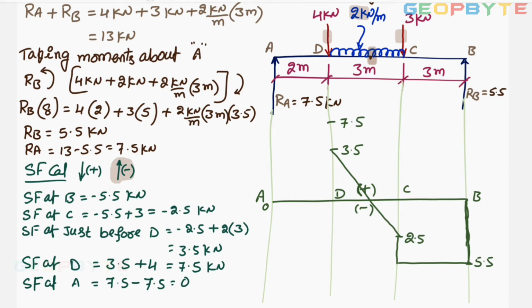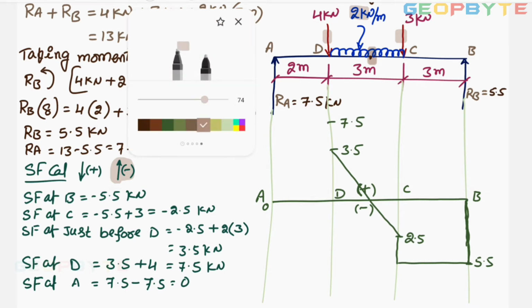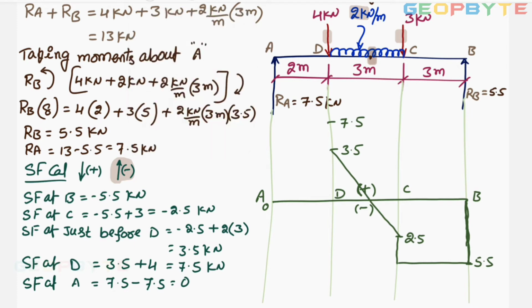This is the effect of UDL, and the effect of point load at D is this one. Go for the next line, come to the value, close it. That is the shear force diagram. The shear force diagram varies linearly under UDL.